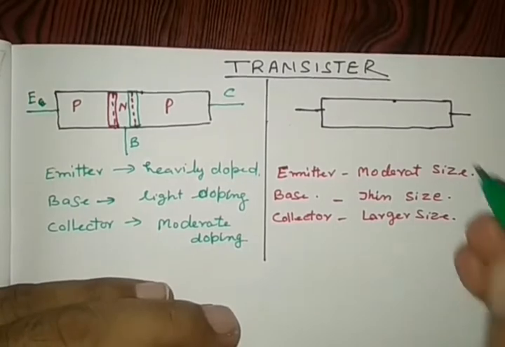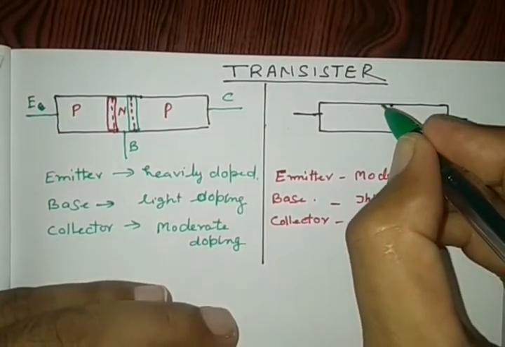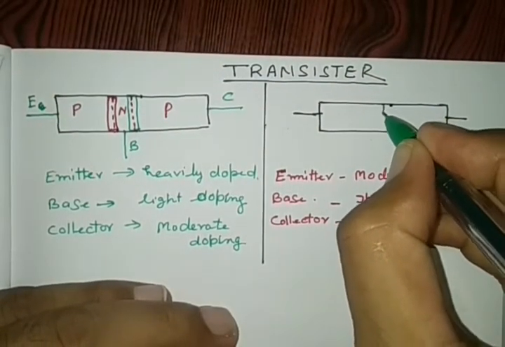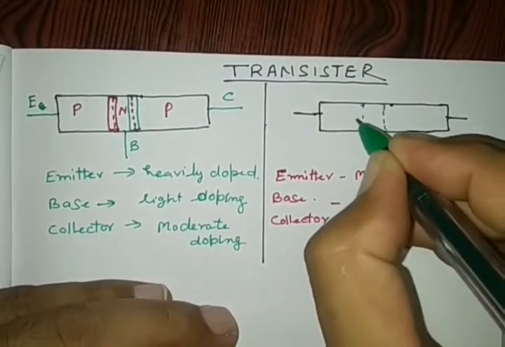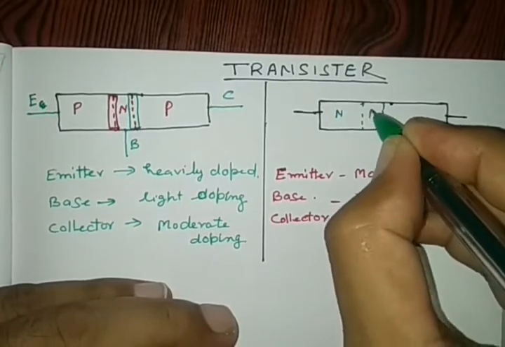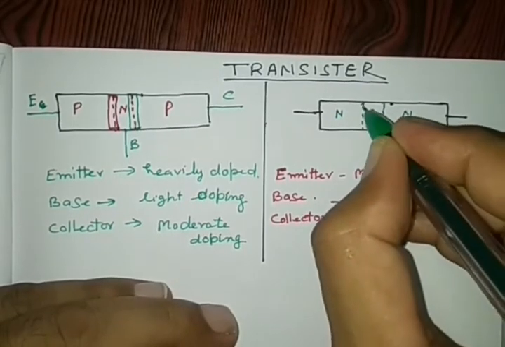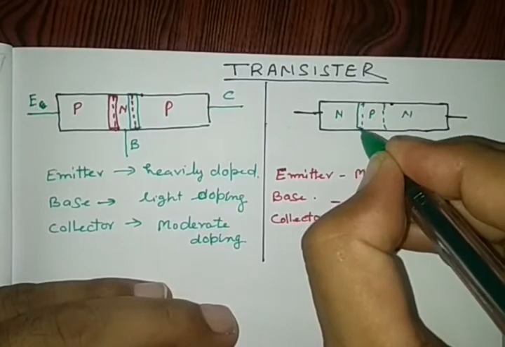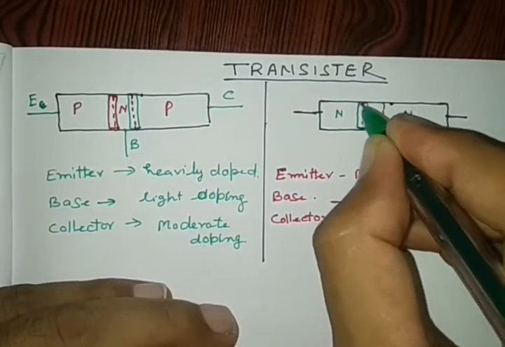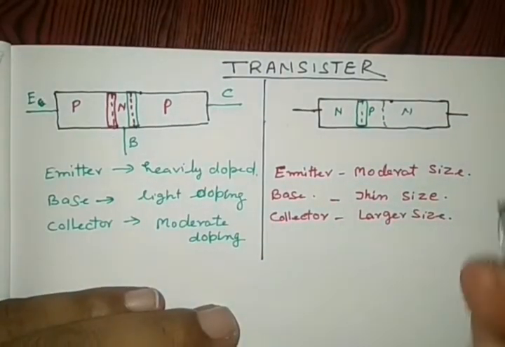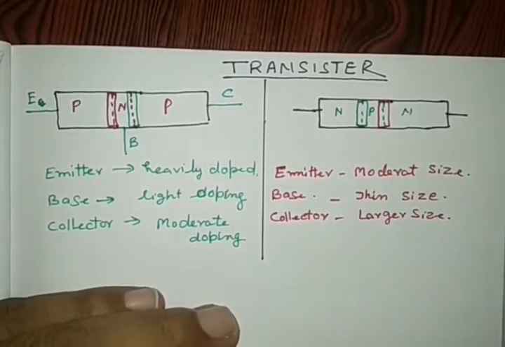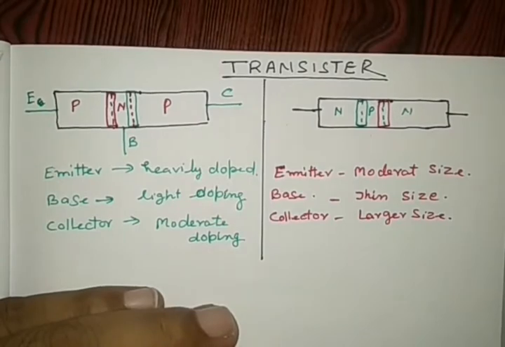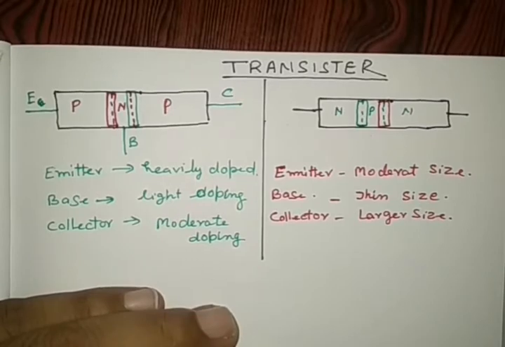Similarly, there is also the NPN type transistor: N, P, and N. Same as here, there are two junctions, one between N and P and another between P and N. Two depletion layers are formed, and two potential barriers are also formed.